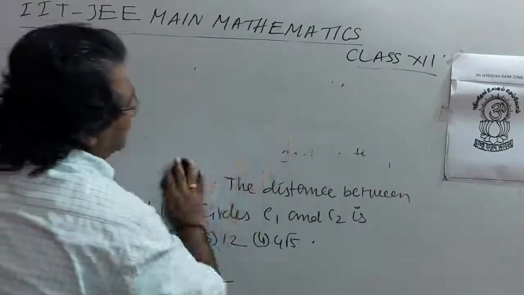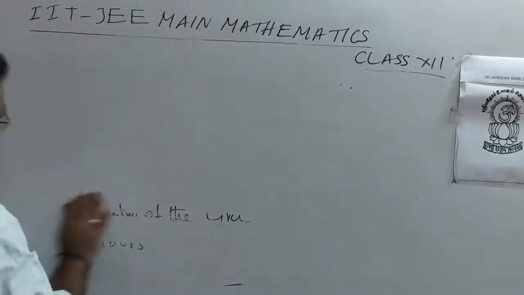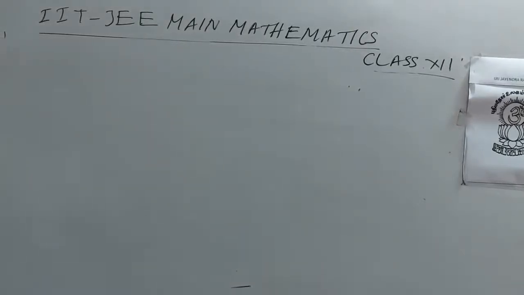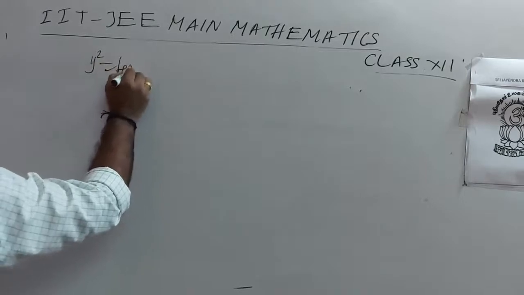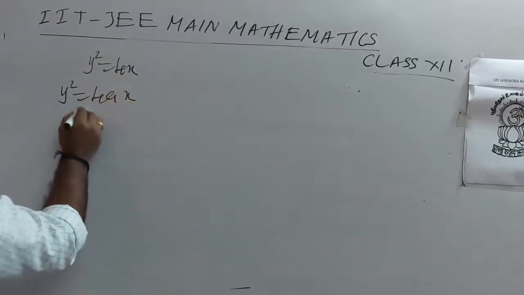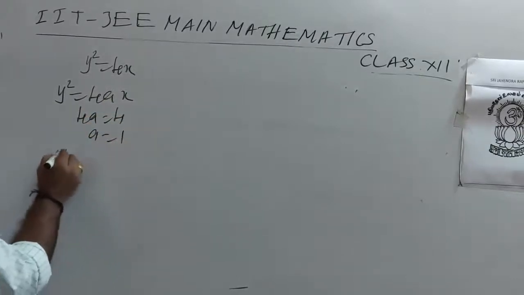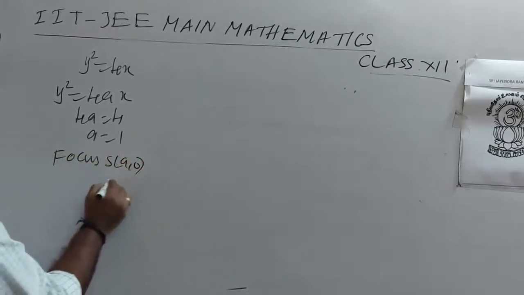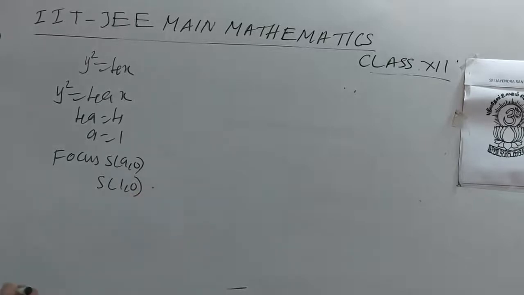So the latus rectum passes through the focus. So y squared equal to 4x, comparing with y squared equal to 4ax, 4a equal to 4, a equal to 1, focus S of a comma 0, that is S of 1 comma 0.